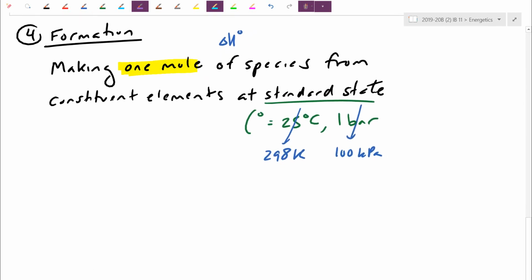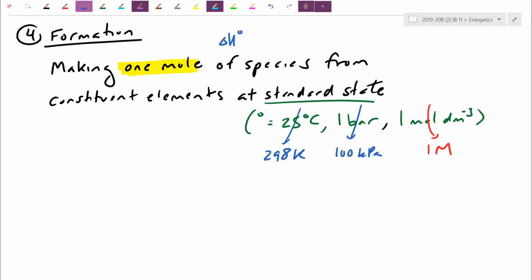If I had solutions, I'd say 1 mol dm^-3, which normally we would call 1 molar. We don't need to be overly soluble to make 1 molar, but it's a nice constant that we use across the board that will become super important in our redox chapter when we start looking at ion concentrations.